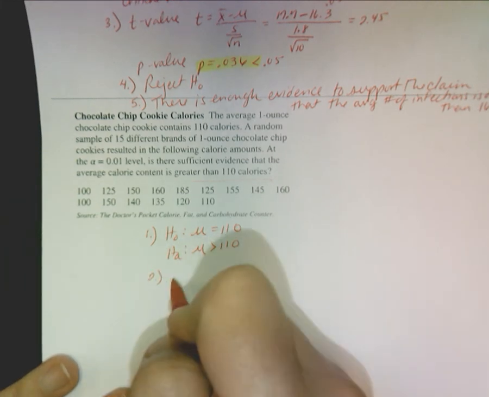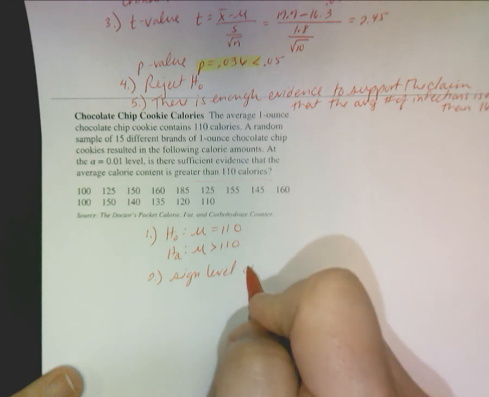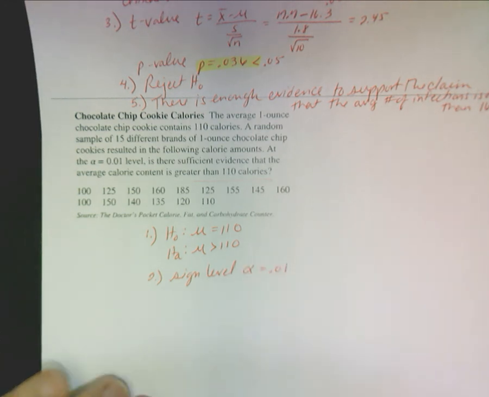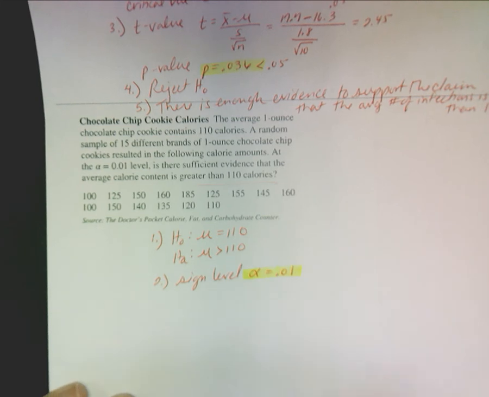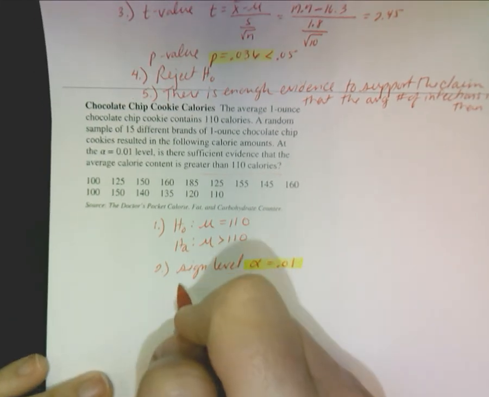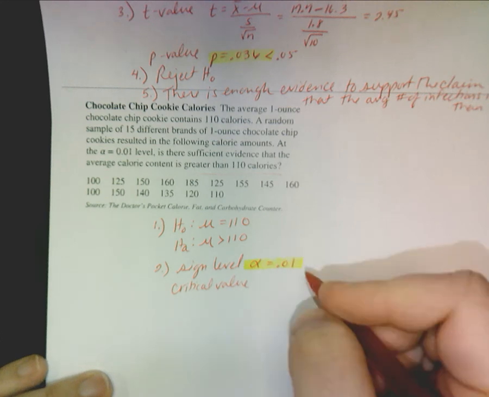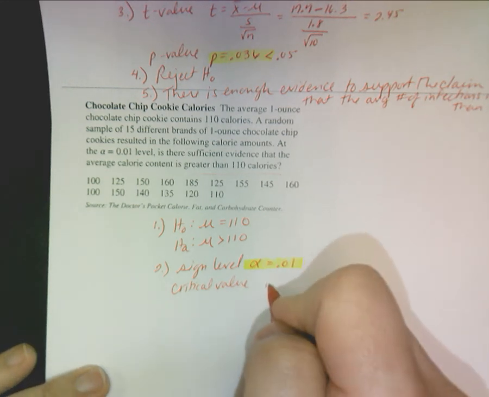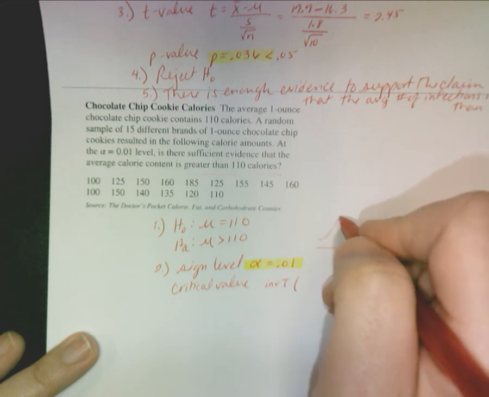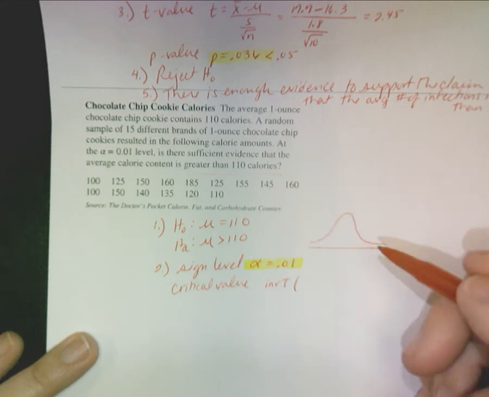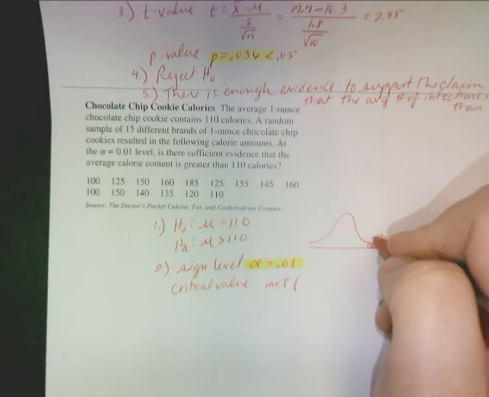Step number 2, our significance level is 0.01. Okay, let's kind of pre-highlight this. Our critical t-value. How do I get that? From the calculator. Inverse t. And again, if I'm greater than, let's draw this out. I think drawing would help you out. Greater than would be right here, 0.01. I can't put that in my calculator.